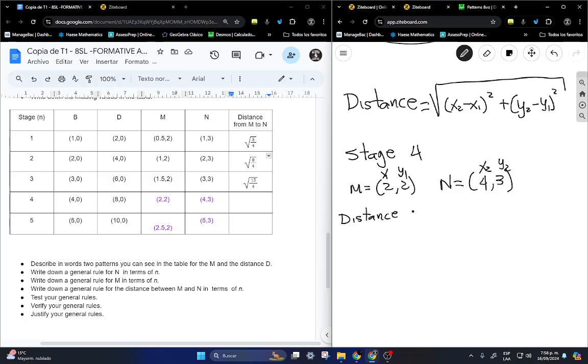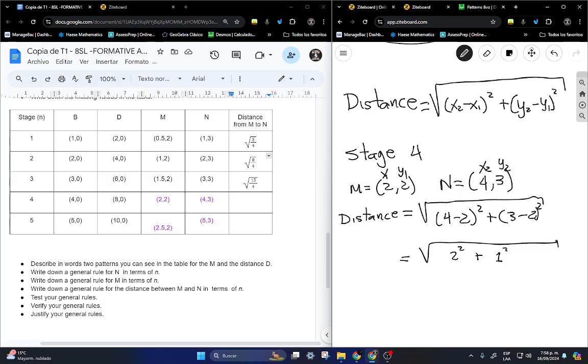m and n. So it's going to be a square root, and let's do x2, 4 minus 2, that squared, plus y2, which is 3, minus y1, which is 2. So we square it. And then we simplify the expression, which is 4 minus 2, it's 2 squared, plus 3 minus 2, 1 squared.